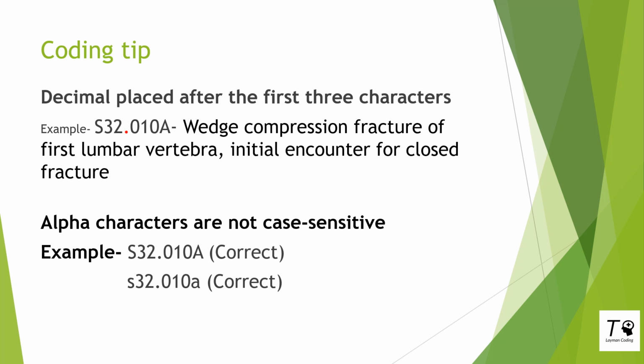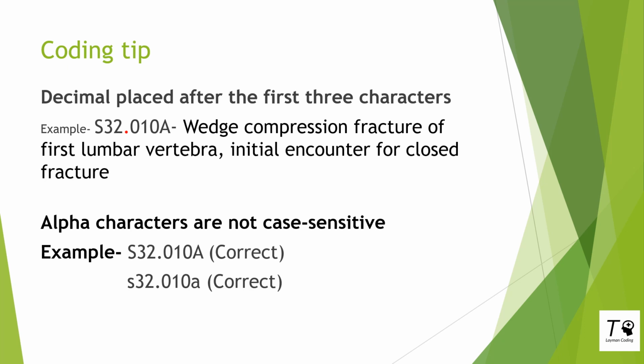Another area where people make maximum errors or have confusion is that the alphabets in the code must always be in uppercase, which is not true. It can be in lowercase. It is okay because alpha characters are not case sensitive.